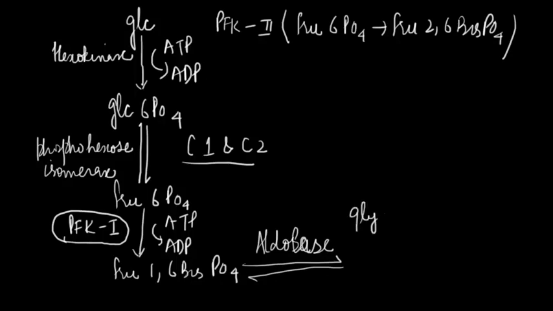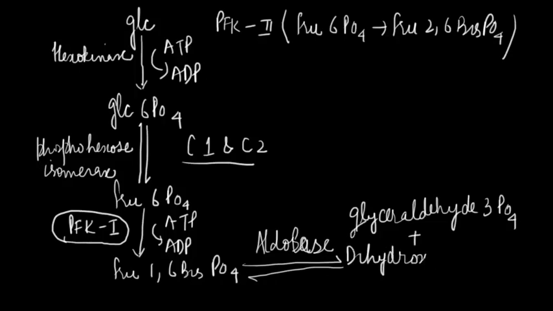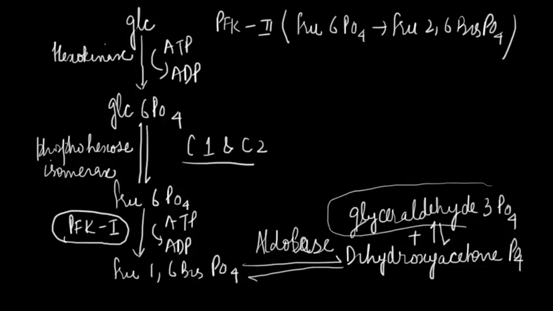One is glyceraldehyde 3-phosphate and the other is dihydroxyacetone phosphate. This dihydroxyacetone phosphate reversibly and rapidly gets converted to glyceraldehyde 3-phosphate because it's this glyceraldehyde 3-phosphate which is now degraded in the subsequent steps of glycolysis.